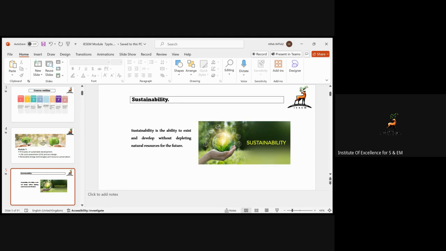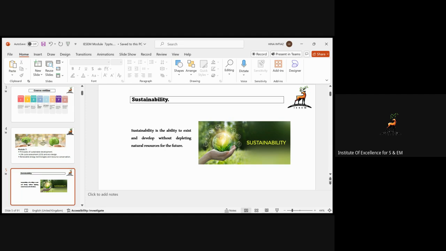And I remember that there is an institute known as the World Commission on Environment and Development, WCED, which has defined sustainable development as a process of change in which the exploitation of resources, the direction of investments, and the orientation of technological development are all in harmony and enhance both current and future potential to meet human needs.